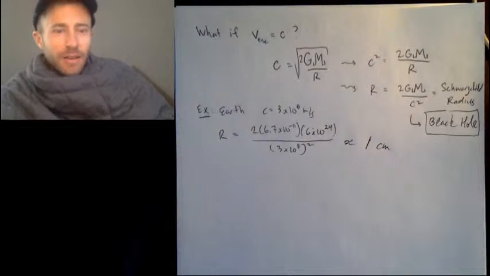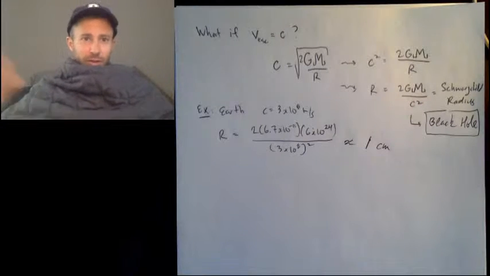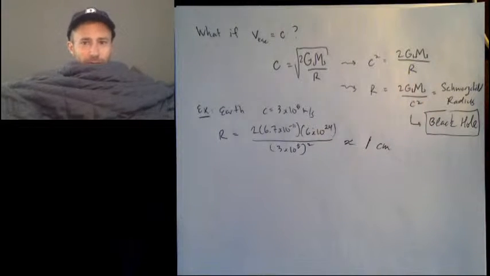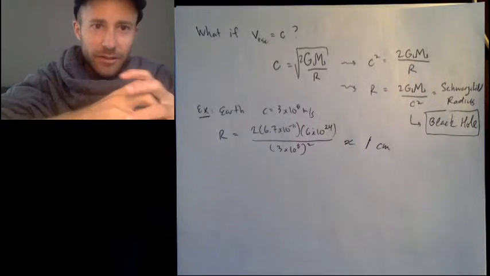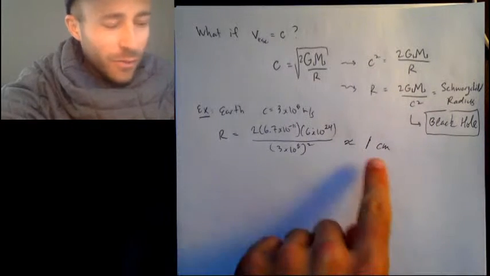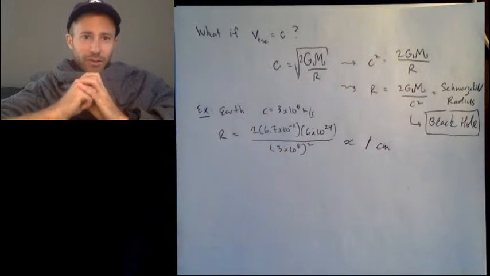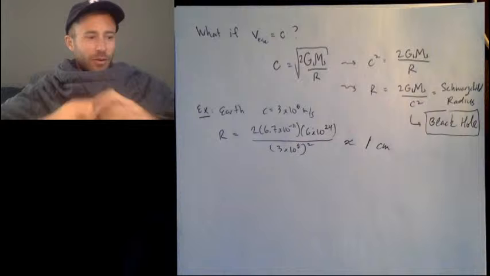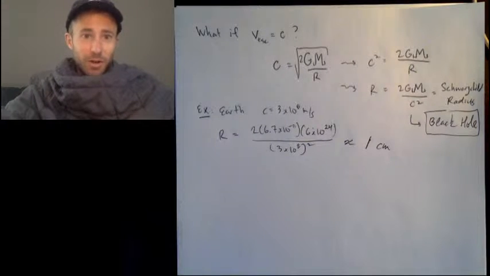So this is kind of crazy. If we took the entire Earth and compressed it within a sphere of radius 1 centimeter, only once we've compressed it by that much, it would turn into a black hole. That's an incredible amount of compression.